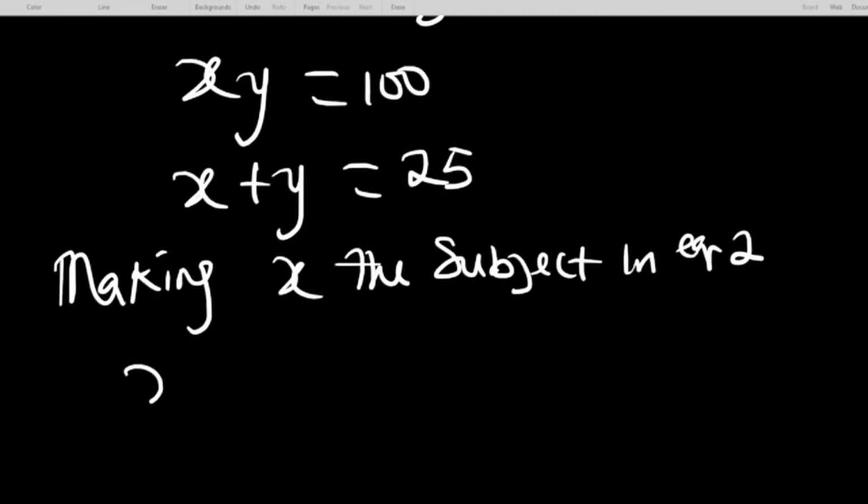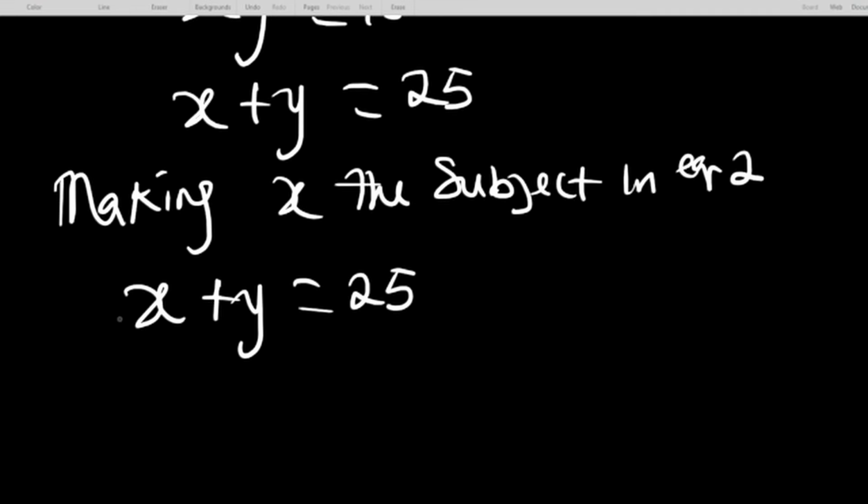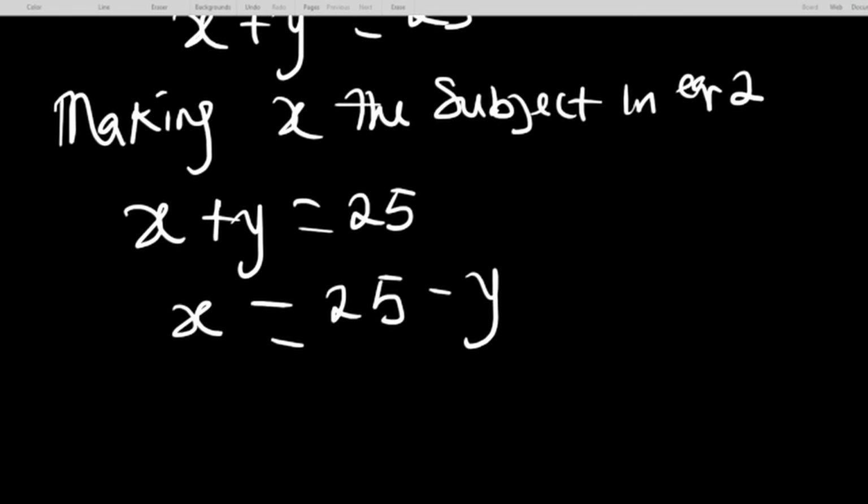So we have that x plus y equals 25. Then when I move the y to the other side, we have that x is equal to 25 minus y.